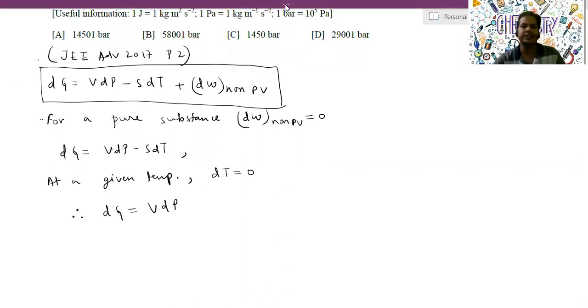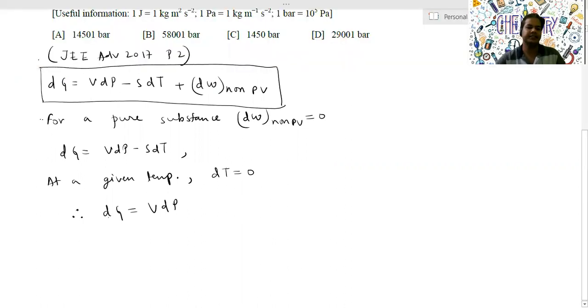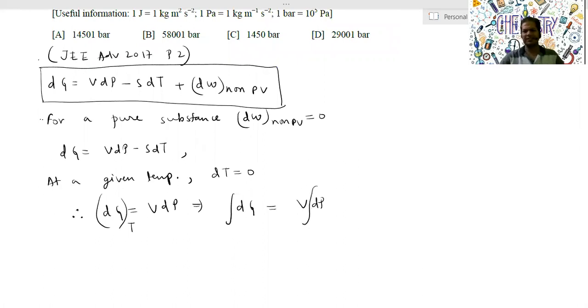So at constant temperature, dG is equal to VdP. Integrating dG, we'll get the integral of VdP. For solids such as graphite and diamond, volume remains more or less constant with change in pressure, so we'll assume that volume remains constant.